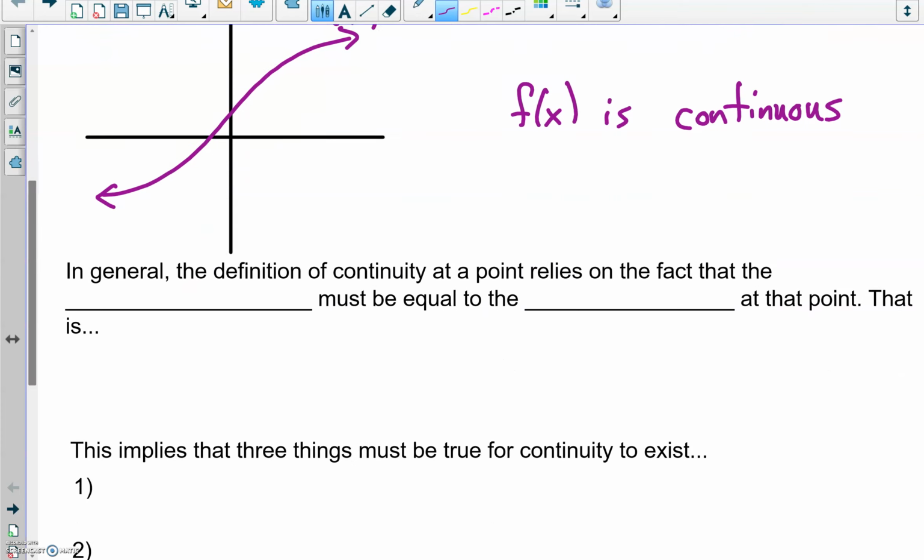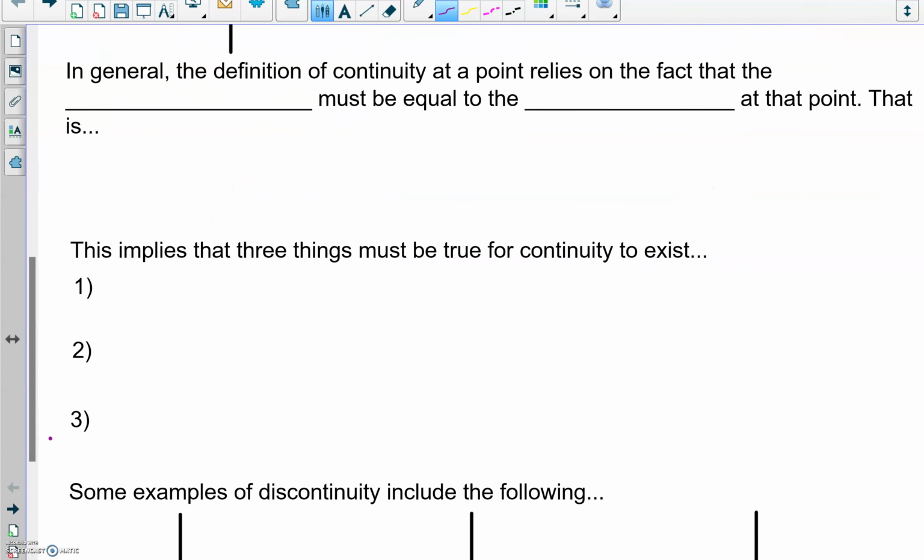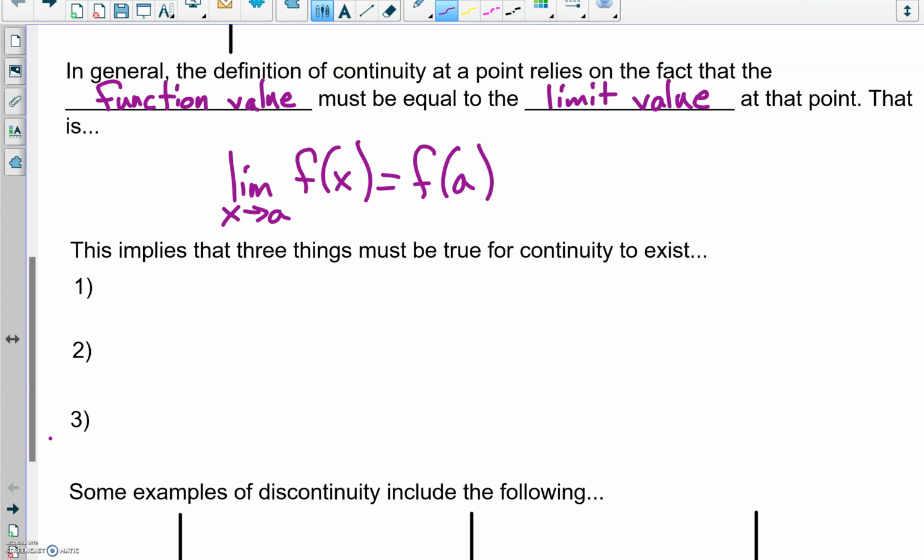So in general then, the definition of continuity at a point relies on the fact that the function value must be equal to the limit value at that point. So that is, the limit as x goes to a of f of x has to equal f of a.